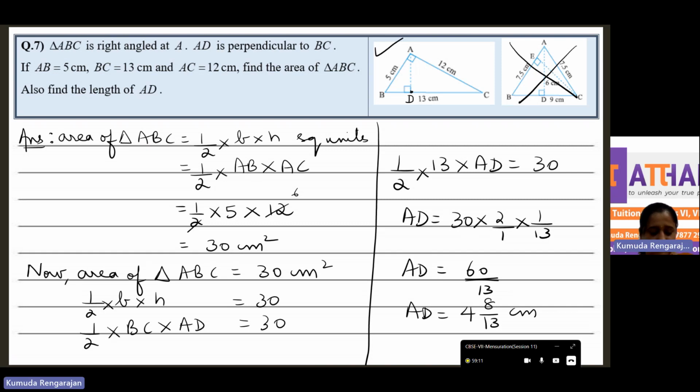In the question figure, it's only A, B, C. In the solution figure, it's D also. BC measurements are given in the question, no? Then we write.